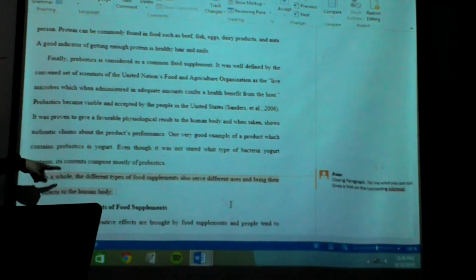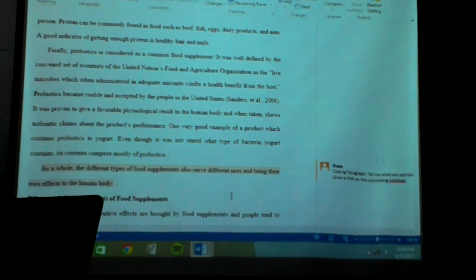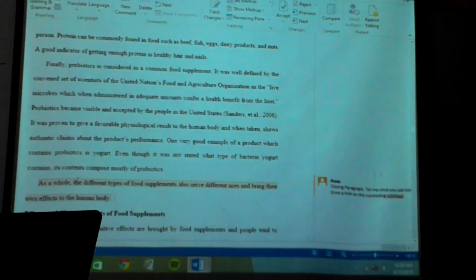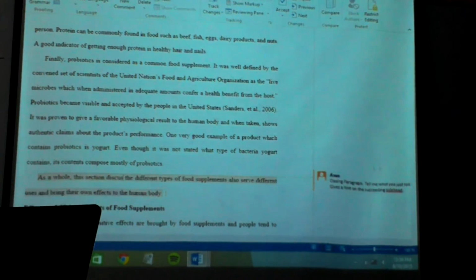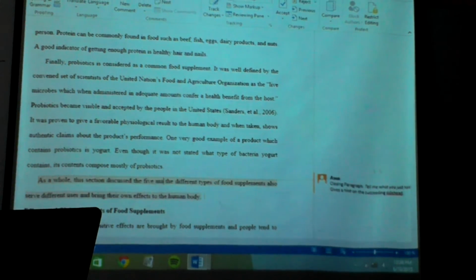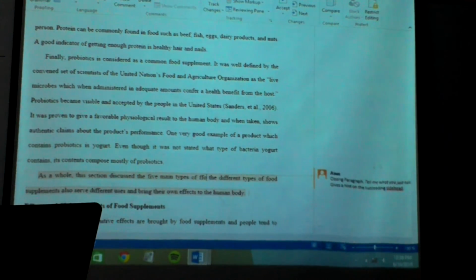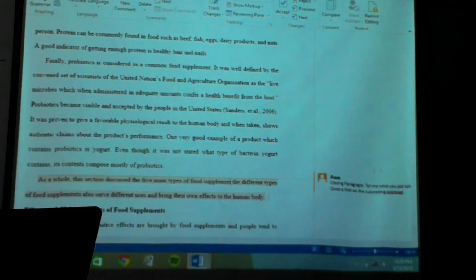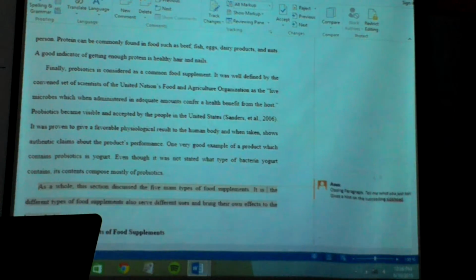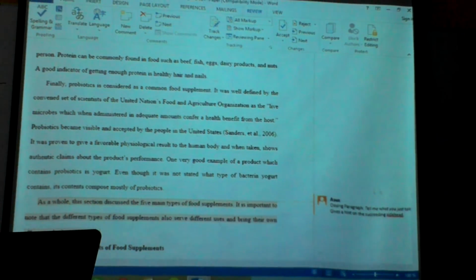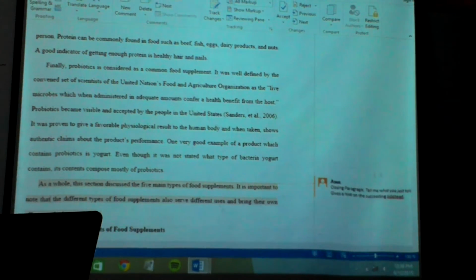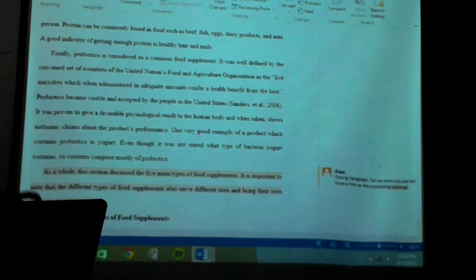As a whole, the different types of food supplements, siguro, this section discusses the 5 main types of food supplements. It is important to note that the different types of food supplements also serve different uses and bring their own effects to the human body. Okay? Double purpose. Tell me what you just told me.